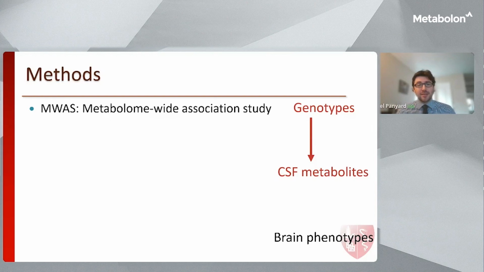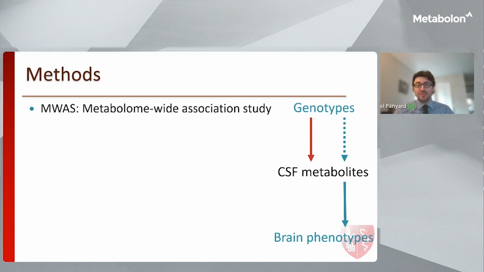And then once you have those models built, you transport them to a second data set where you only have genetic and outcome information. In our case, different brain-related diseases and phenotypes. And in that data set, you use your models to predict the level of each CSF metabolite, and then you use those predicted metabolite levels to study the association of those metabolites with your brain phenotypes.